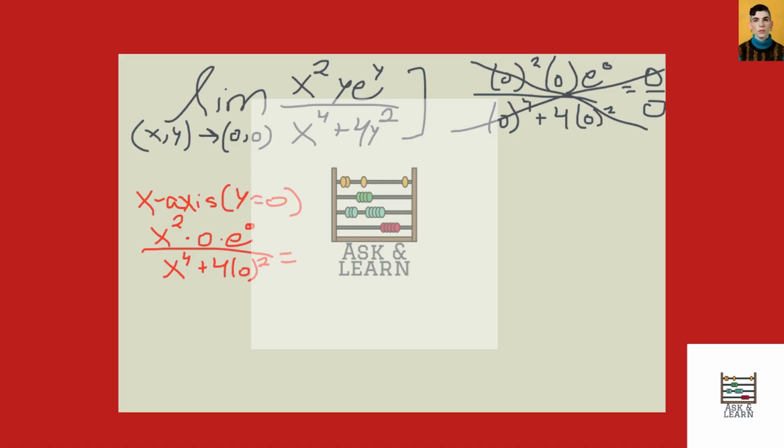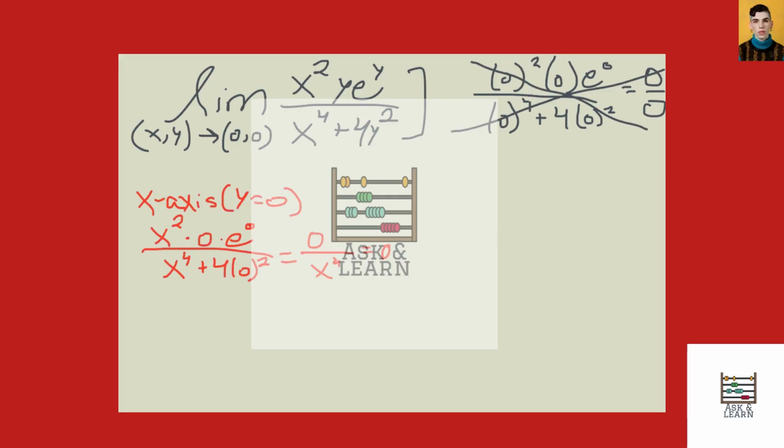That's going to be equal to 0 over x to the fourth plus 0, which is just 0. So we found that if (x, y) approaches on the x-axis, the limit's 0.